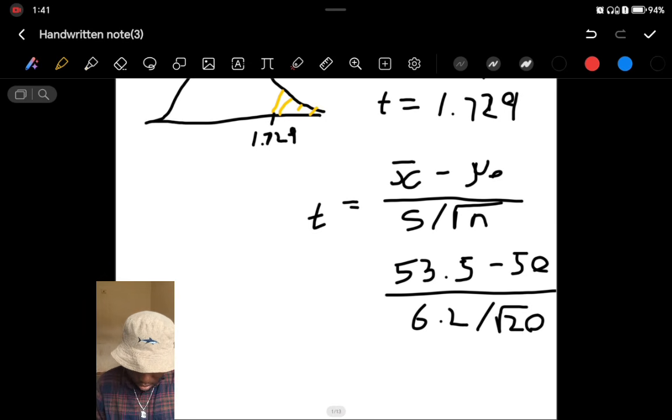So we're saying 53.5 minus 50 over 6.2 over the square root of 20.